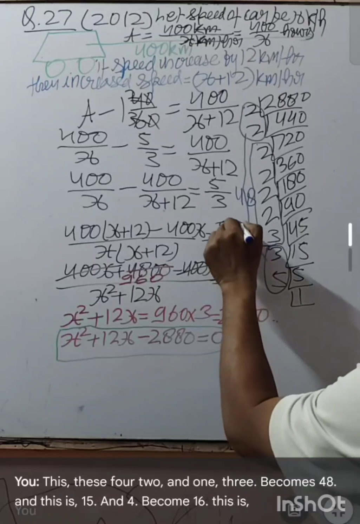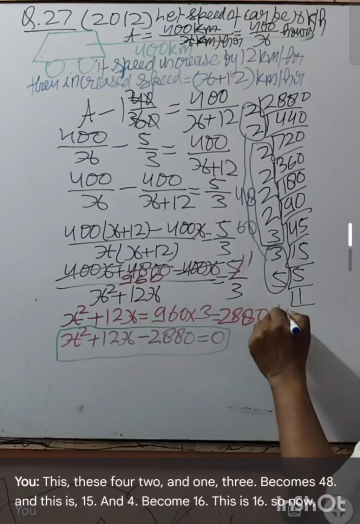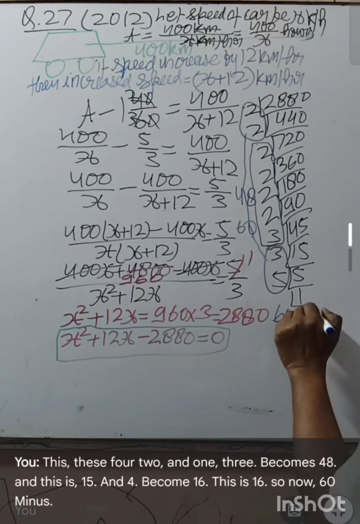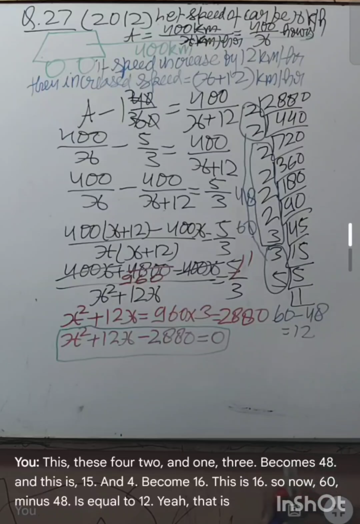This is 16. So now 60 minus 48 is equal to 12. Yeah, that it is. So now we can do it.